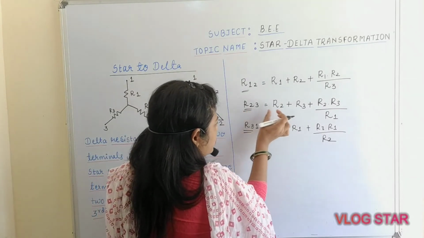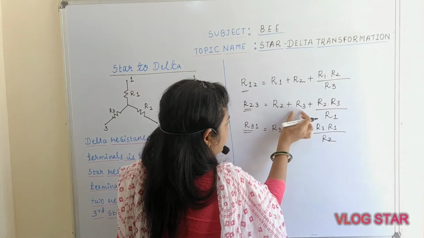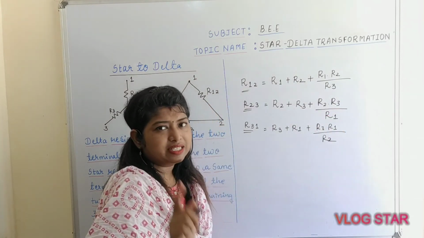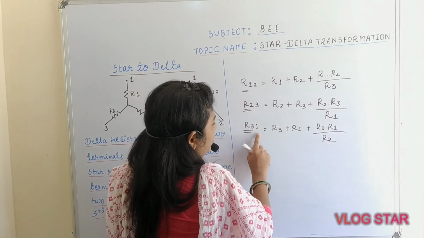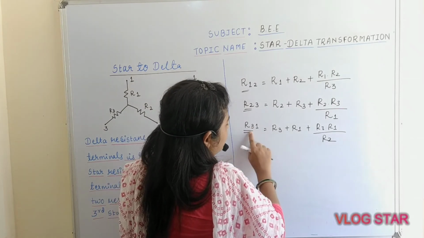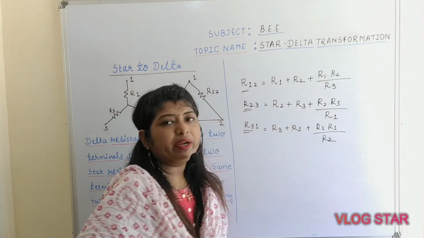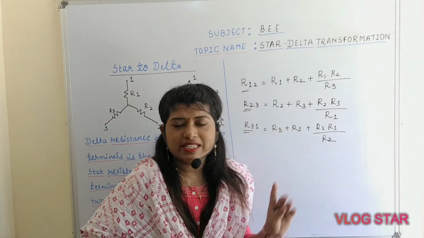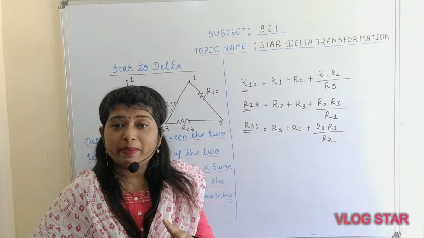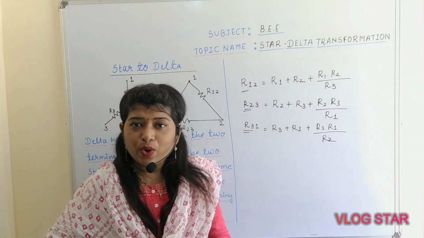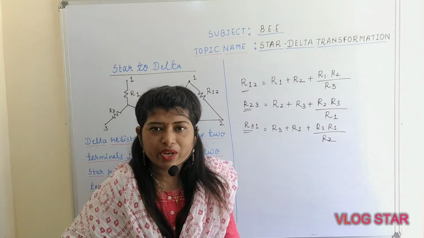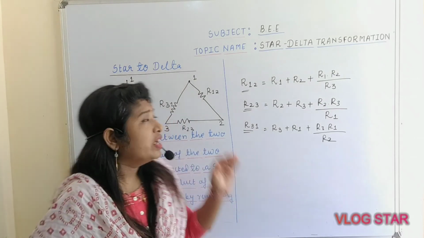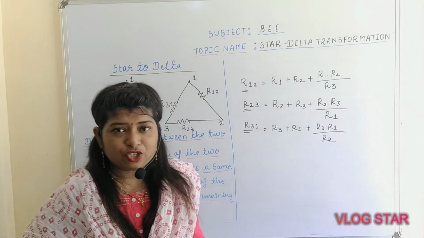As I told you, it is R2 plus R3 plus the product between them divided by the remaining resistor, that is R1. In case of R31, it is R3 plus R1 plus the product between them, R3 into R1, divided by R2, the remaining star resistance. I hope you have understood how to formulate R12, R23 and R31 in case of star to delta transformation.